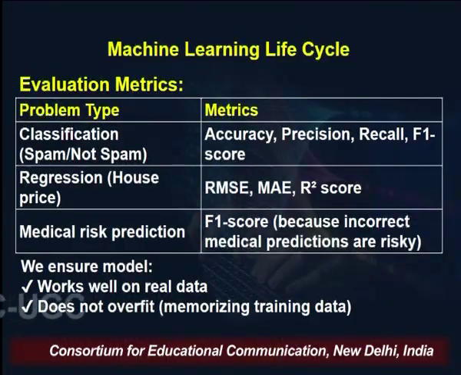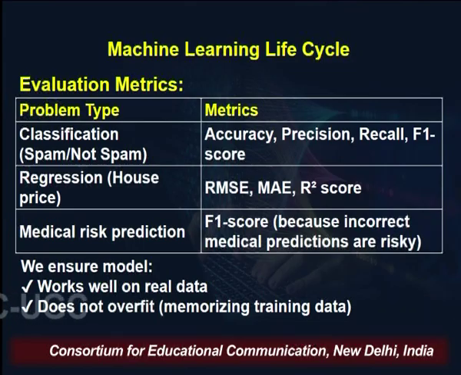There can be different evaluation metrics, as I told you. With time you would be able to learn what the different evaluation metrics are for different problem types. For example, if we are talking about a classification problem, like finding whether a given mail is spam or not, the metrics would be accuracy, precision, recall, F1 score.